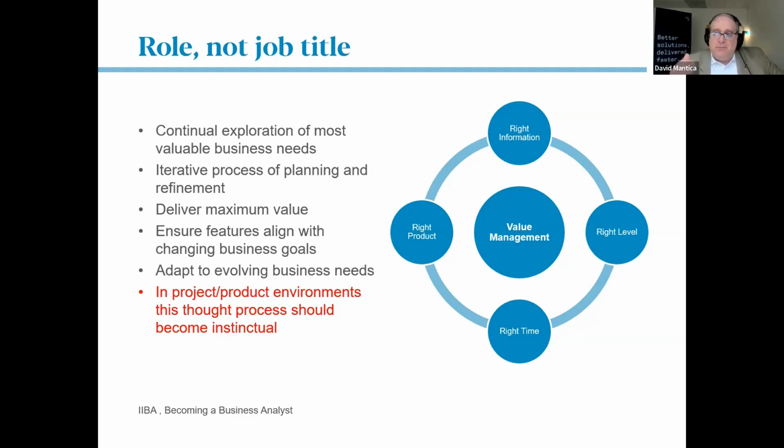As part of value management, if you have internal customers, you as business analysts, and a lot of you are business analysts, should be putting yourself in the shoes of those that you're serving, especially the ones engaged with the system or the process, to get a sense of their perception.